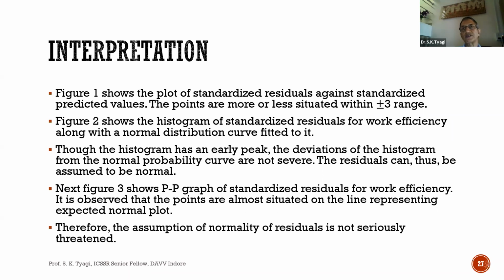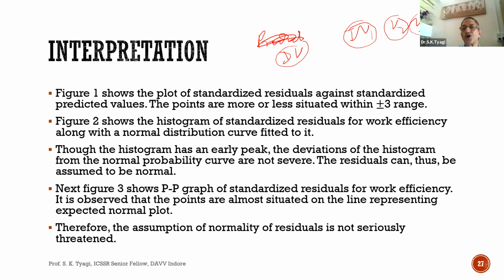Now, you must take note of this. We have predicted value and predictors. Dependent variable and independent variables 1, 2, 3. The assumption is not that the dependent variable as well as the independent variables 1, 2, 3 should be normal.